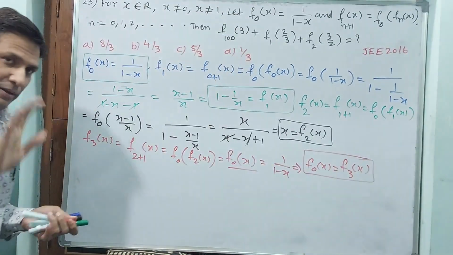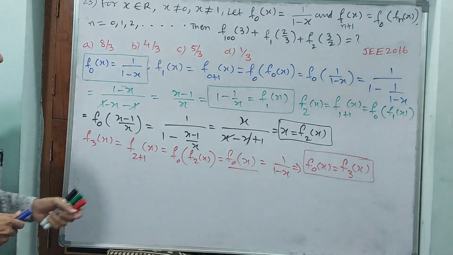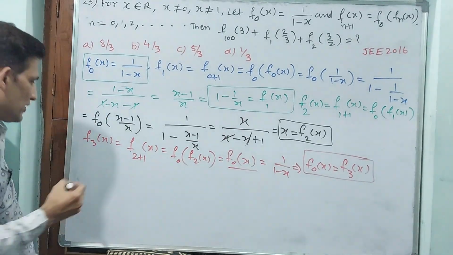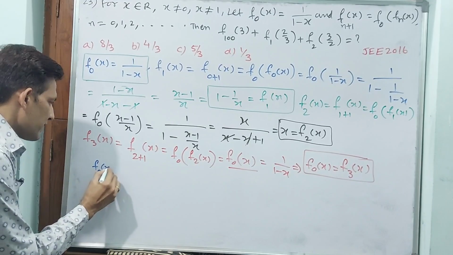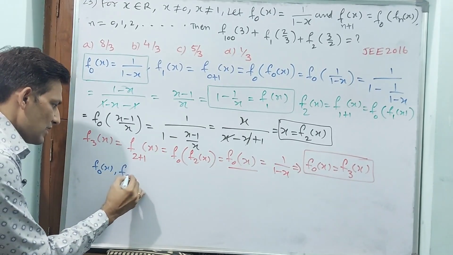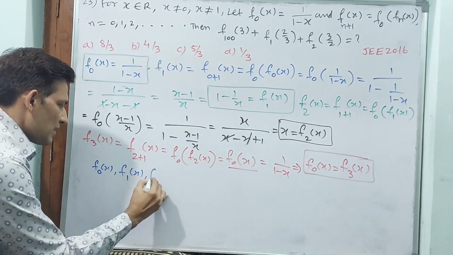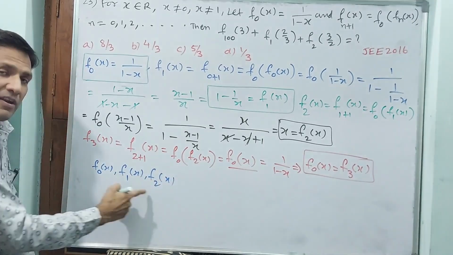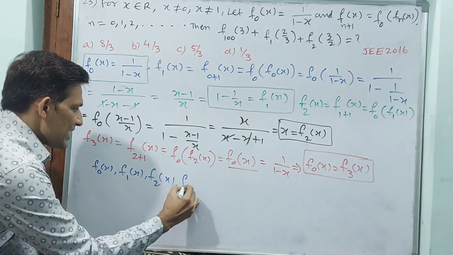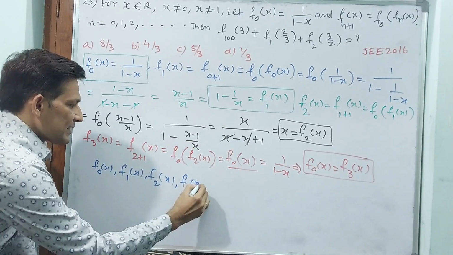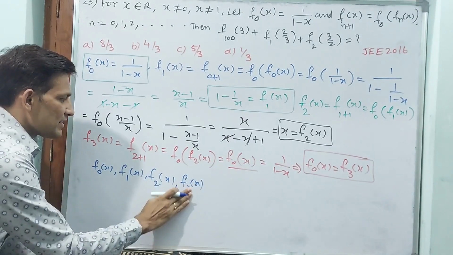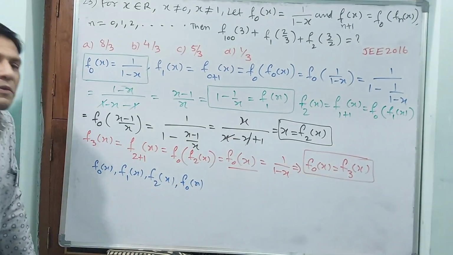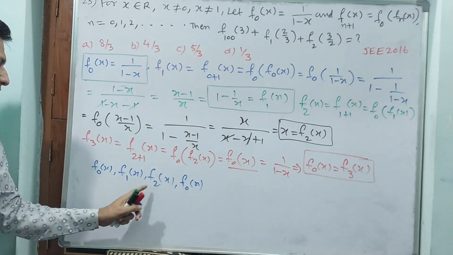Okay, now stop. Now repetition is going to happen. You see, f0 of x afterwards, f1 of x afterwards, f2 of x. These three are varying. Again f3 of x has to come, but f0 of x is coming. Again f1 of x will come, f2 of x will come.